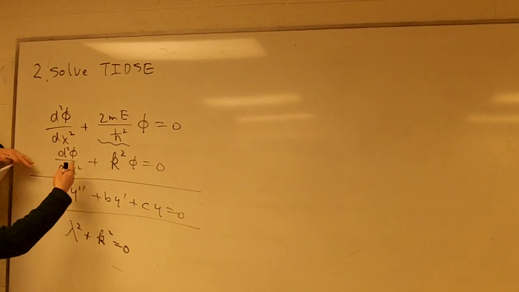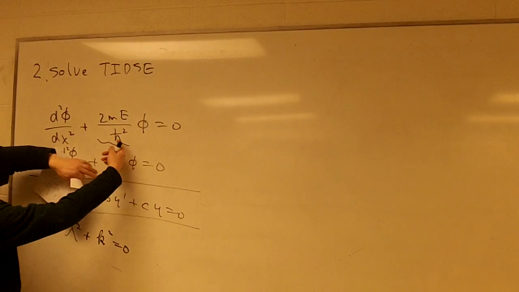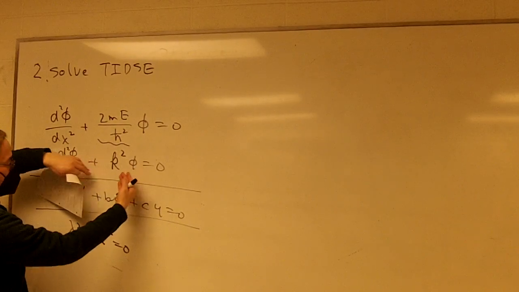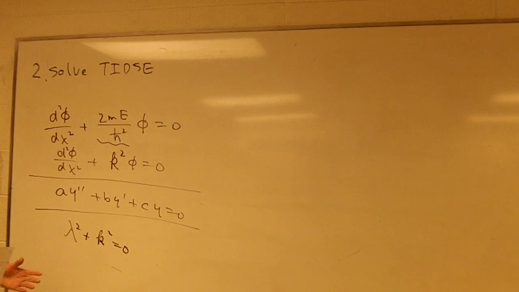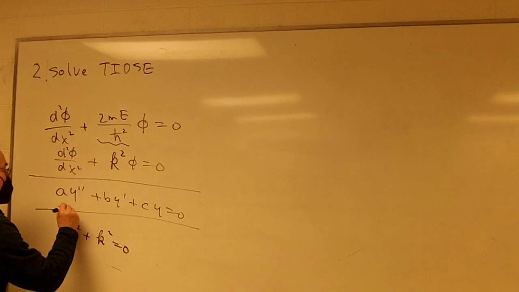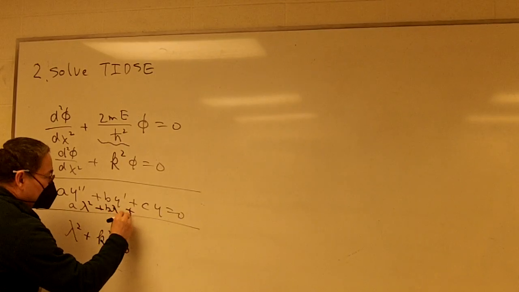In other words, this term will become lambda squared, and this term has lambda to the 0th order, so that's what my lambda is going to be. Did I explain well? In other words, this is a generic solution. Let me write the generic solution: a lambda squared plus b lambda plus c equals 0.